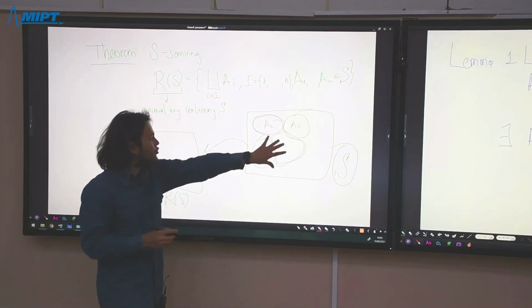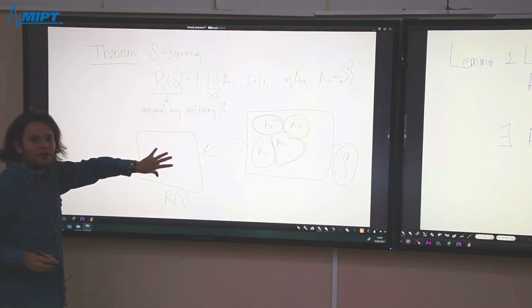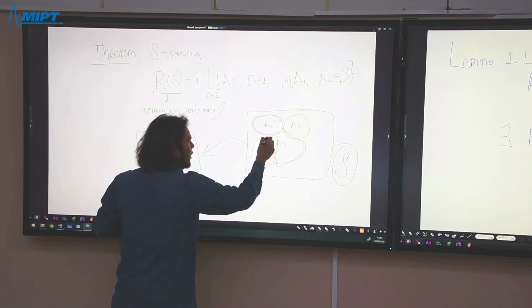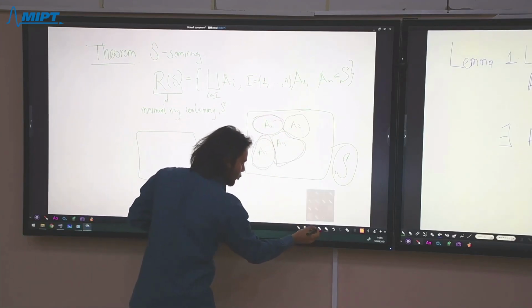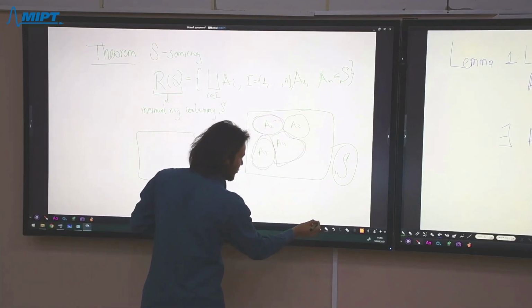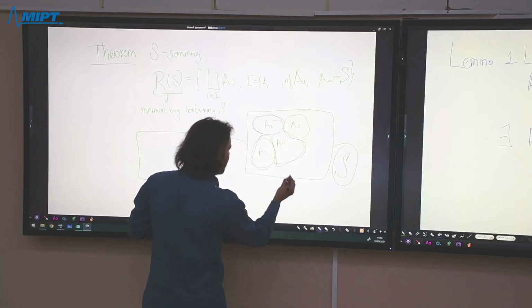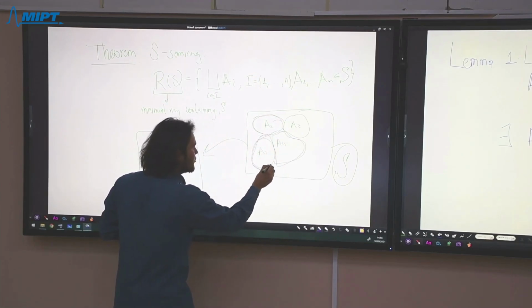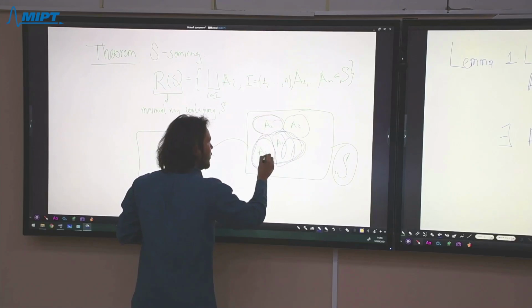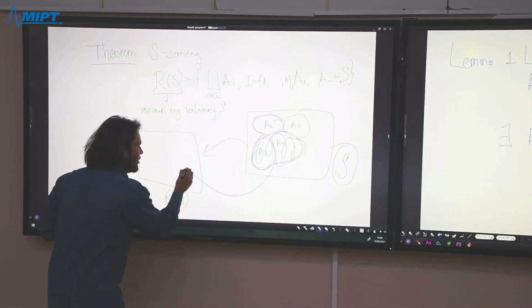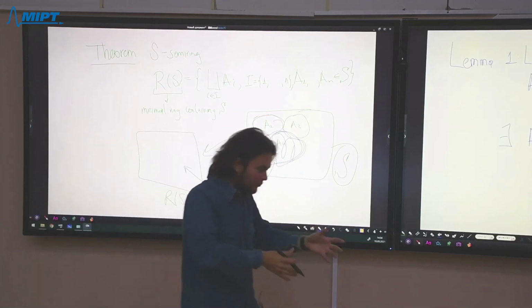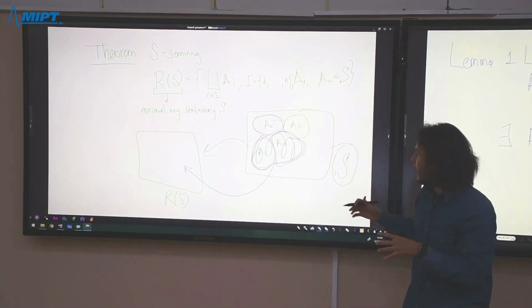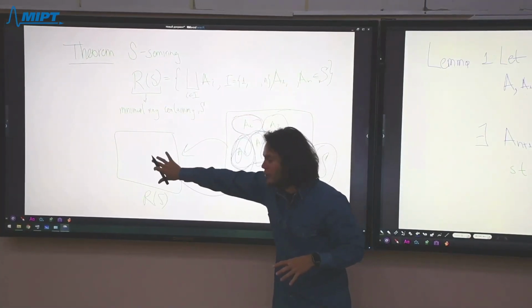This is going to be an element in here, and A sub 3 and A sub 4, this is going to be an element in here. And all the possible unions are going to be elements of the ring.